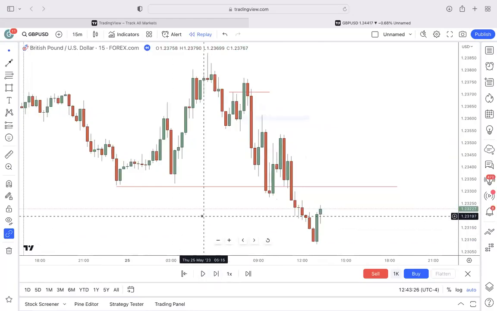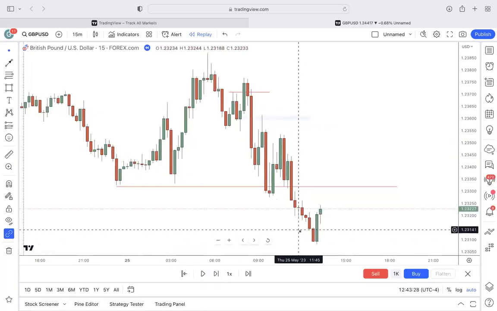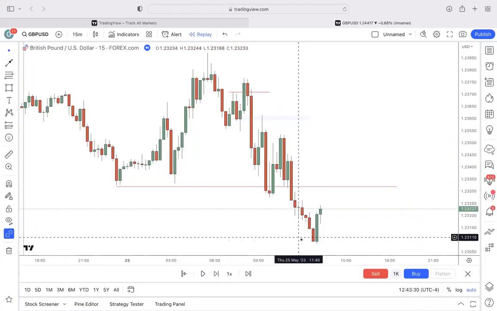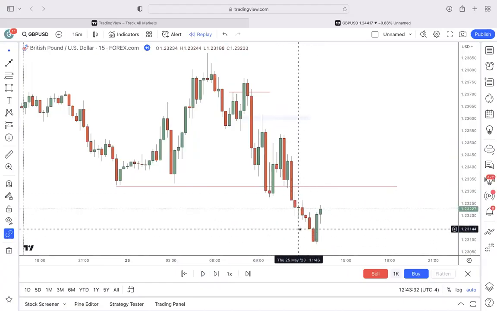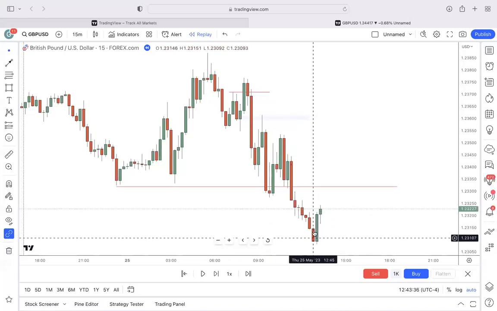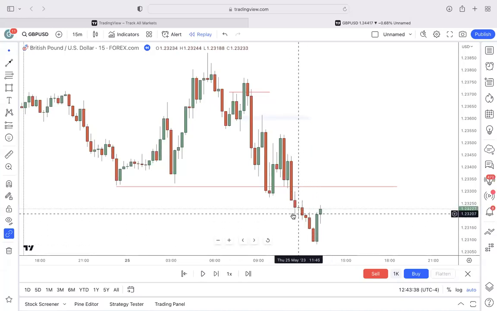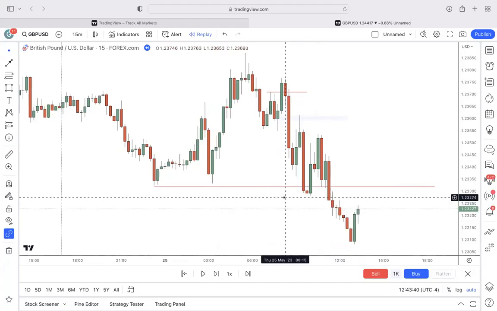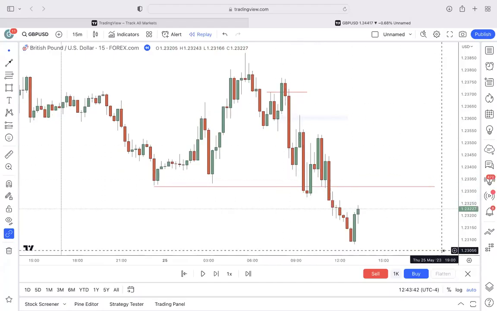And then there you have it, your daily range. When you're trading intraday, you're going to see the highs and lows form around 11, 12 o'clock. So you want to be getting out of the market. The profile is complete.